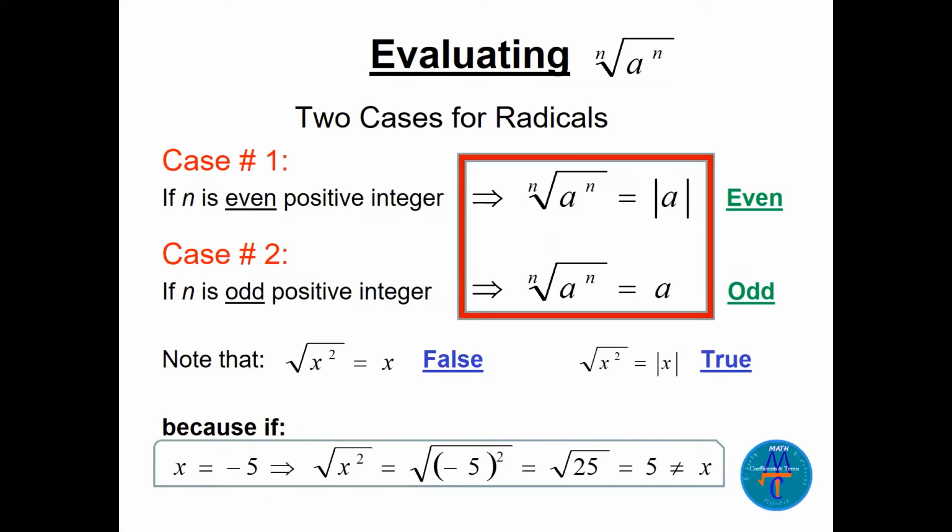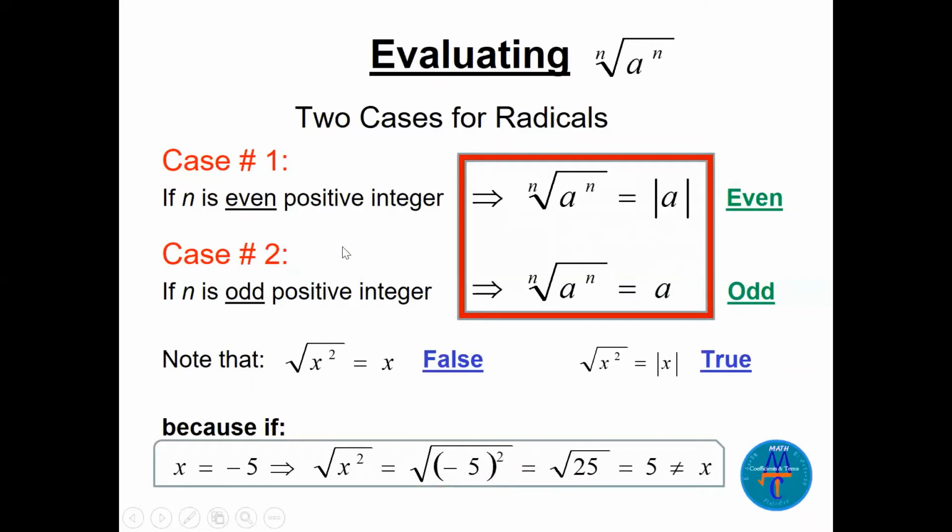Now, when you evaluate radicals, find the value of a radical, you should have the number A to the power n, the same as the index. Then you can simplify it. But before you write the answer, you check, is the index even or odd?